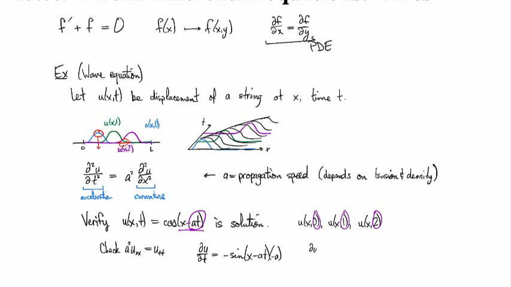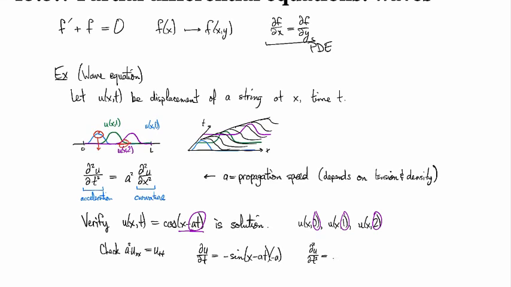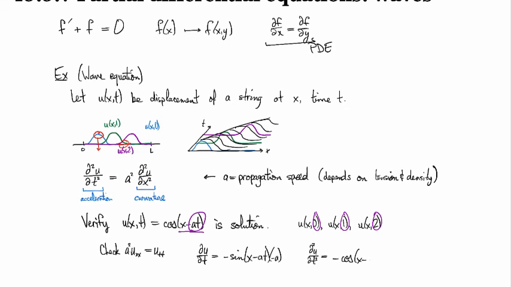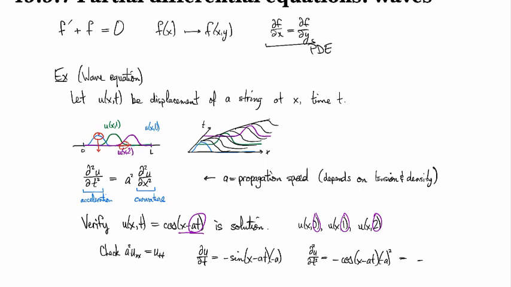If we differentiate with respect to t again, we get minus cosine again, and another copy of minus a kicked out. So this gives us minus a squared cosine of x minus at.